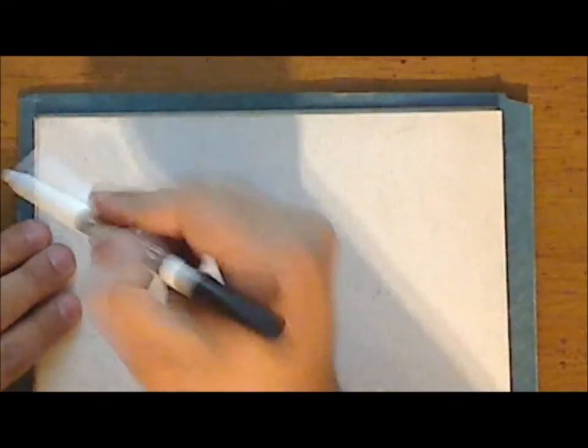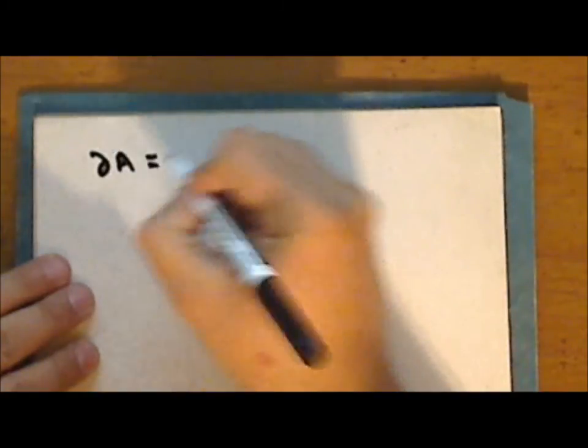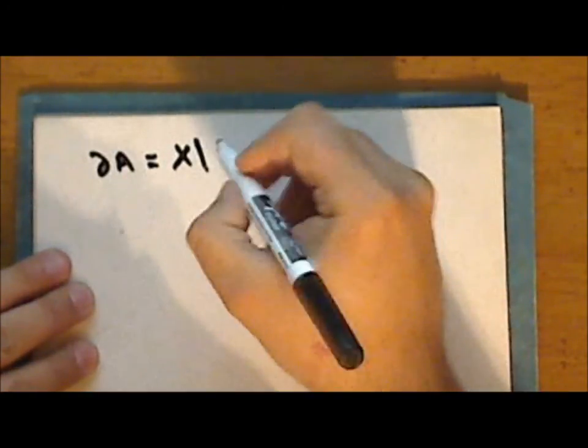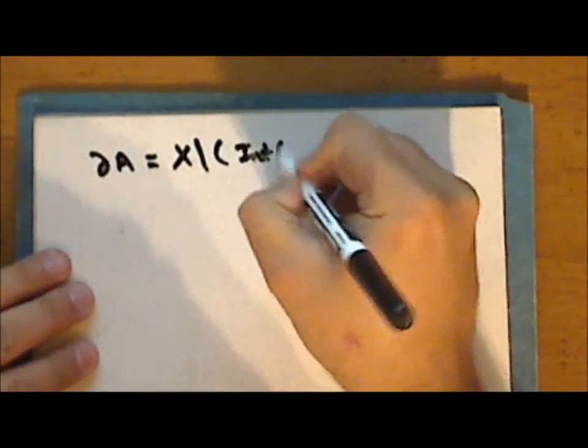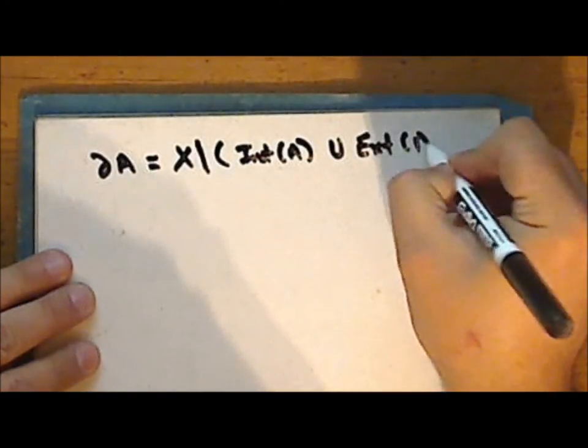So recall that the boundary of a subset A is by definition the complement of the union of the interior of that set with the exterior of the set.